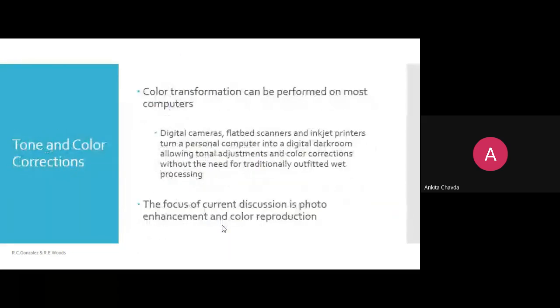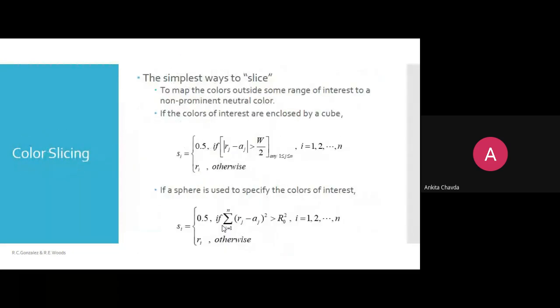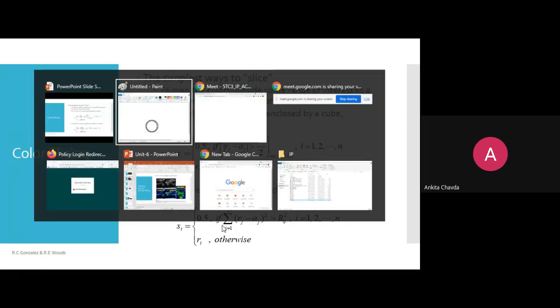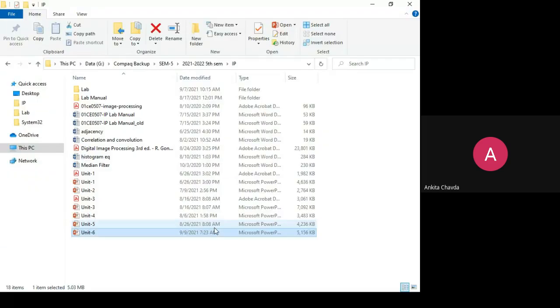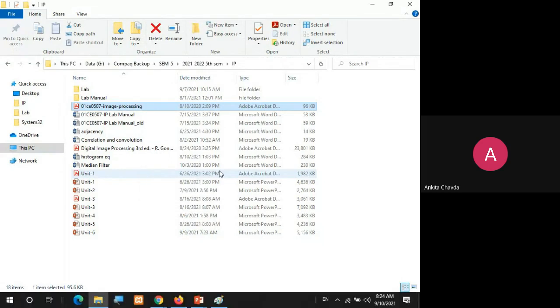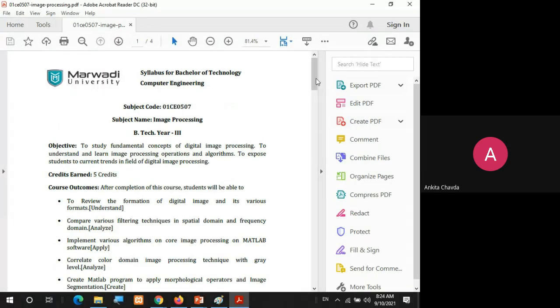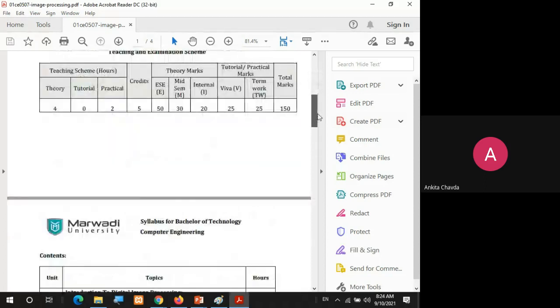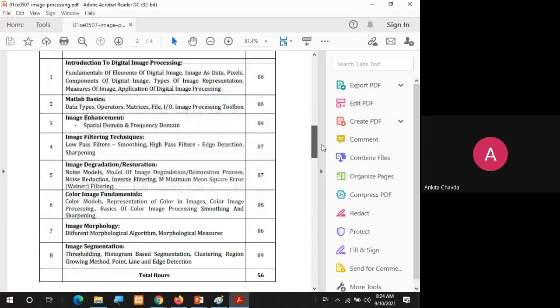So this is what we will be able to finish in the next lecture, which is today only. Still image smoothing and sharpening. Then segmentation is also there and so many things, but that is not included in our syllabus.